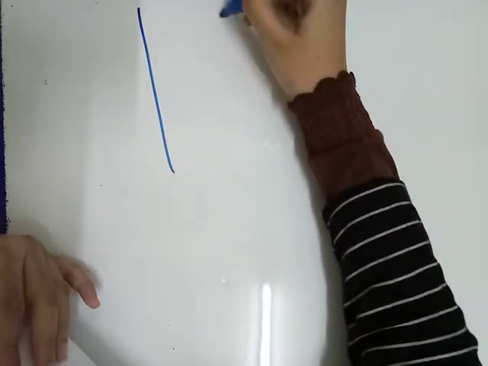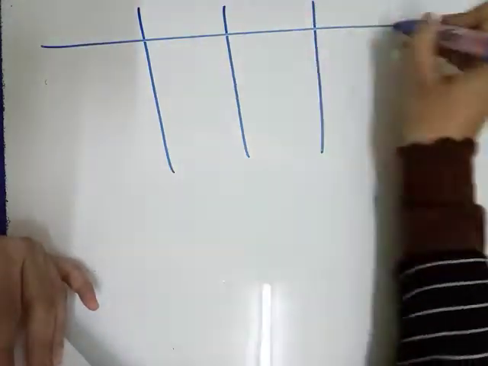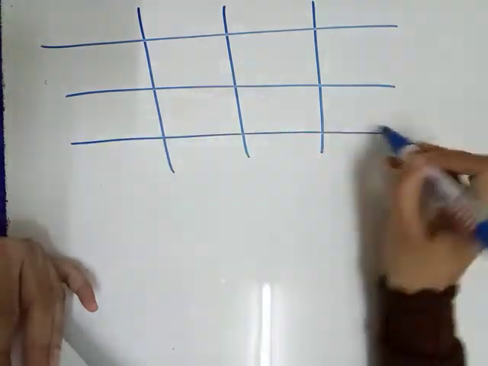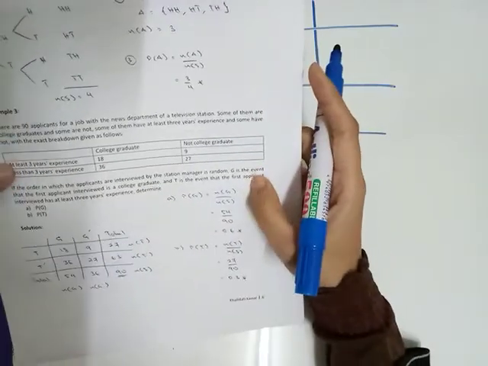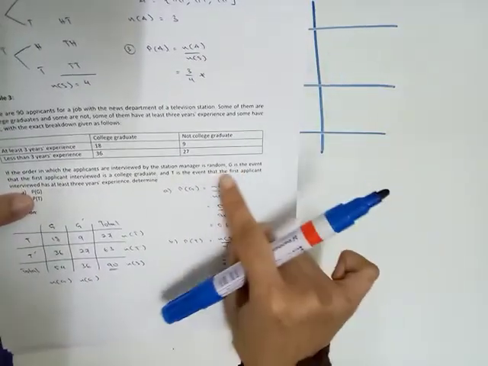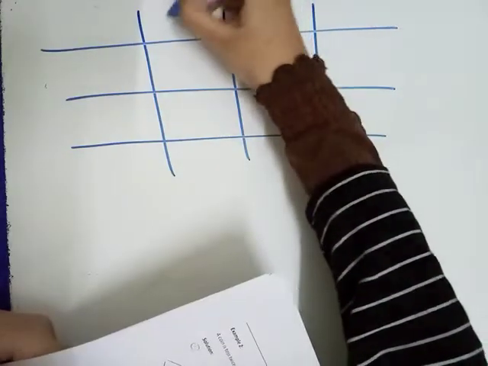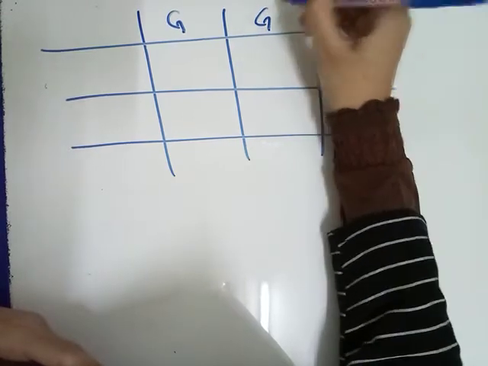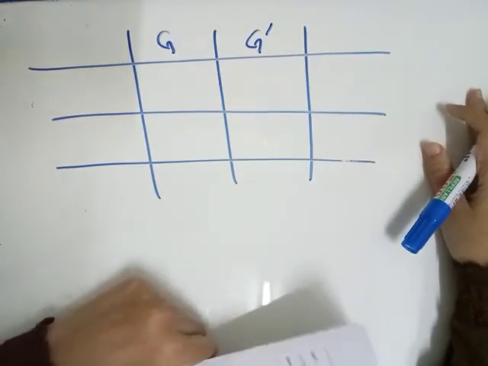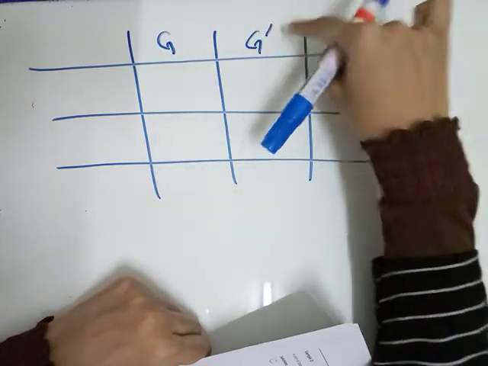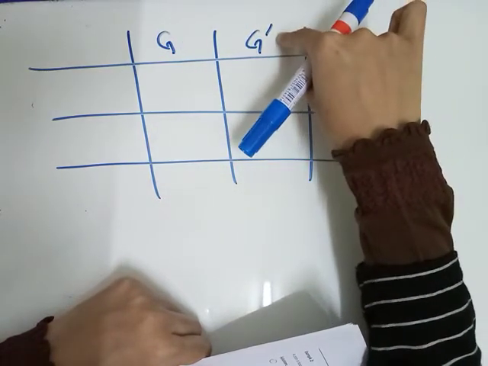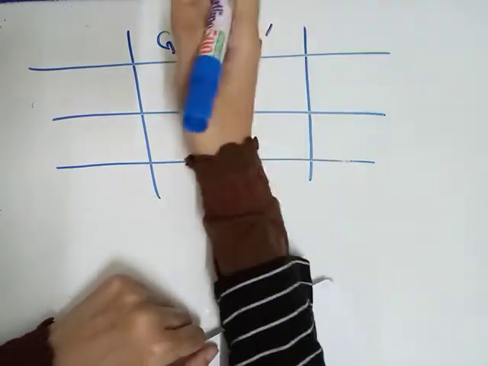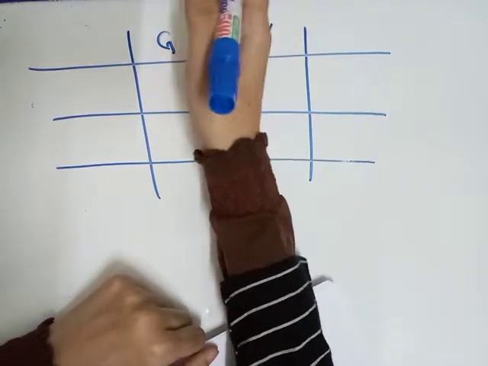So, saya akan buat kotak baru. Dalam soalan tu dia bagi tahu G as college graduate. So for not college graduate, kita letkan sebagai G prime, supaya kita boleh nampak the opposite dari college graduate.